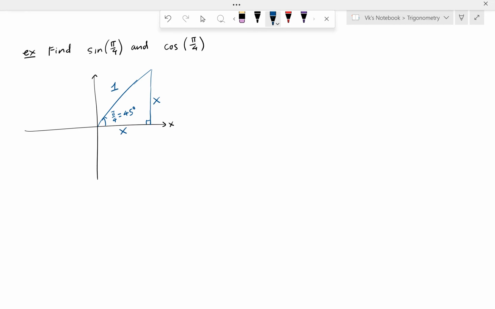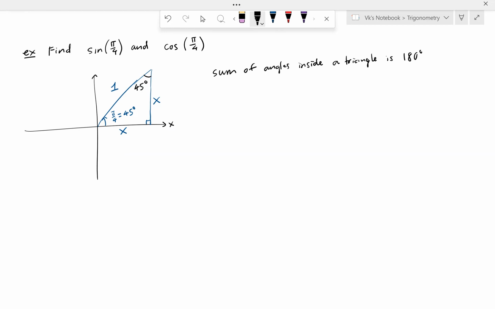If one angle is 45 degrees, then the other angle is also 45 degrees because the sum of all the angles inside a triangle is 180 degrees.